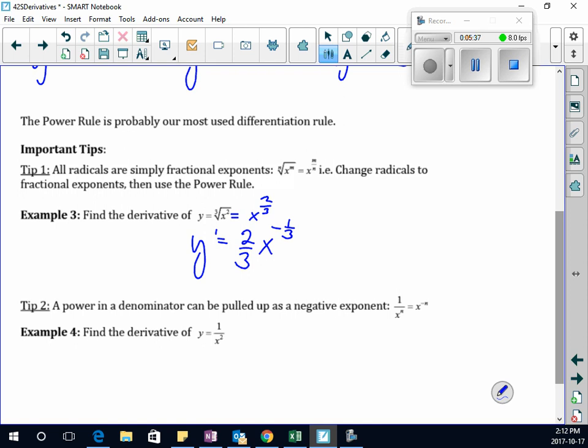Now, usually we don't use negative exponents. You can keep your answer on the test and on the AP exam with negative exponents. However, the multiple choice and the answers in the back of the book might have the exponents as positive. So do you remember how to make this positive? How do you make this power positive?